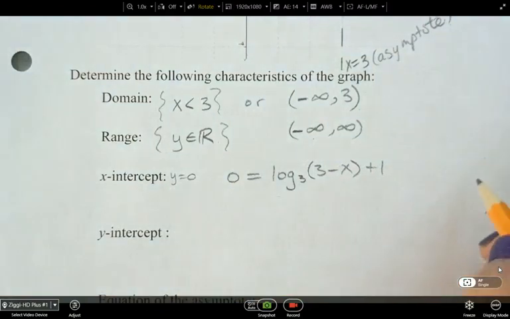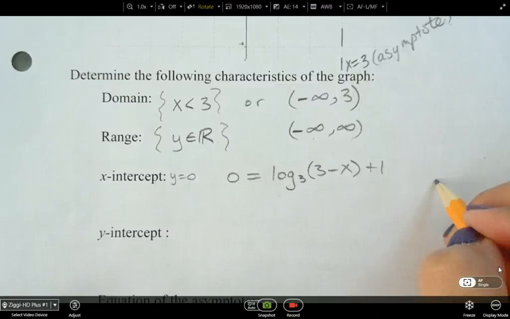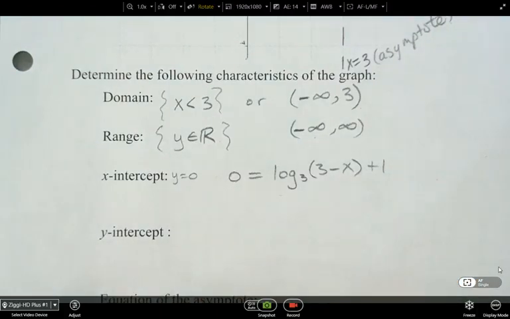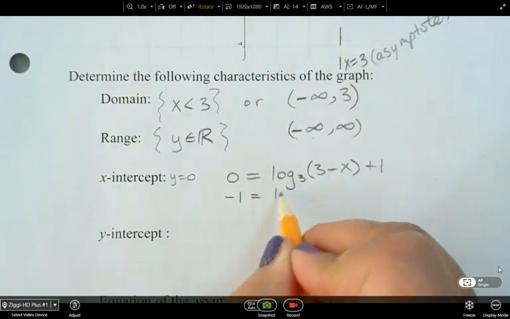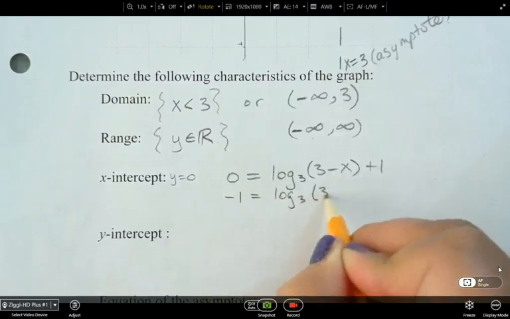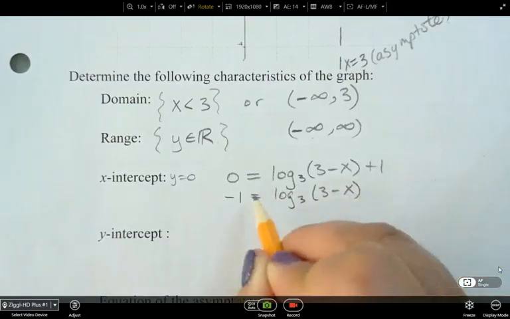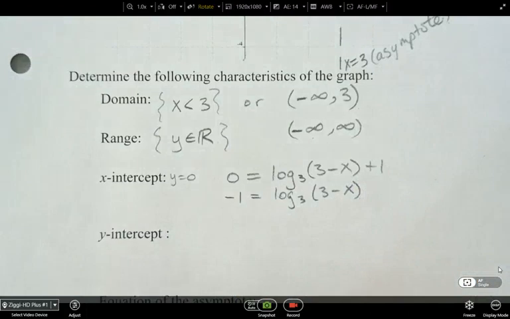And we know the answer is 8/3 because that's what we've graphed, right? So I was just going to show it to you algebraically. Do you not want me to? No, it's all good. Yeah, I do it. Yeah? Okay. All right. Then I will continue. So log base 3 of 3 minus x. So all I've done is subtract 1 on both sides, right?